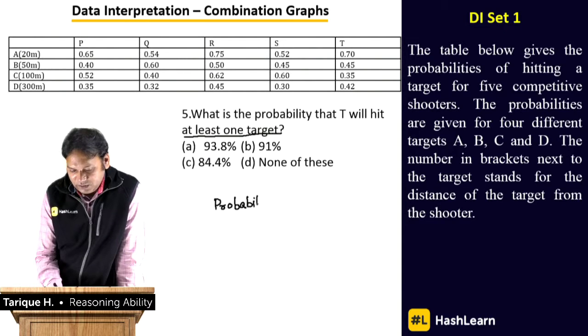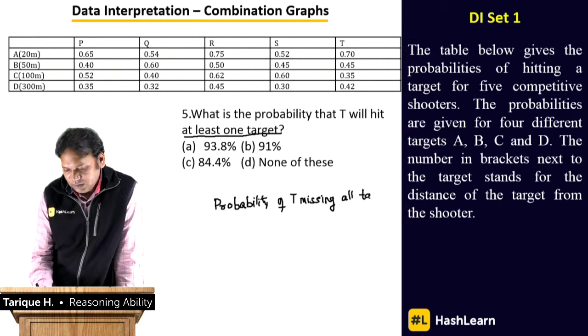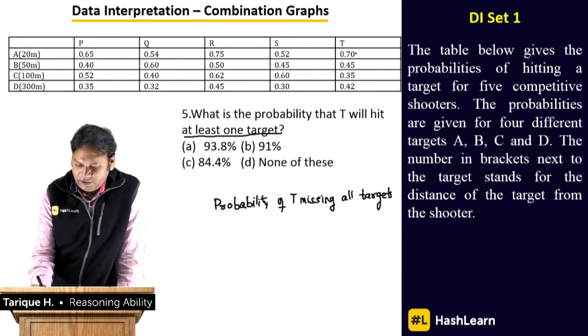What is the probability of T missing all targets? The way to go about that is to first subtract from 1. So we get 0.30 here, we get 0.55, 0.65 and 0.58. So we get these values.